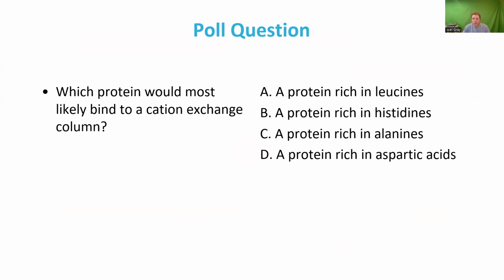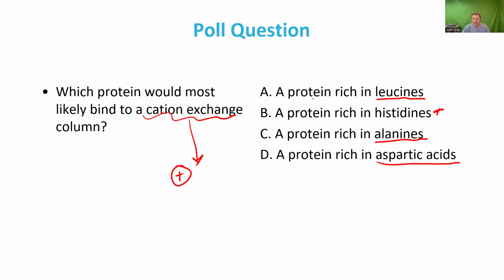Is it a protein that's rich in leucines? Is it a protein that's rich in histidines, alanines, or aspartic acids? Okay, so to deduce this, cation exchange, we are looking for cations, so positively charged proteins.